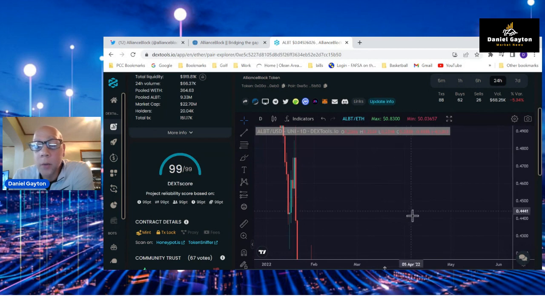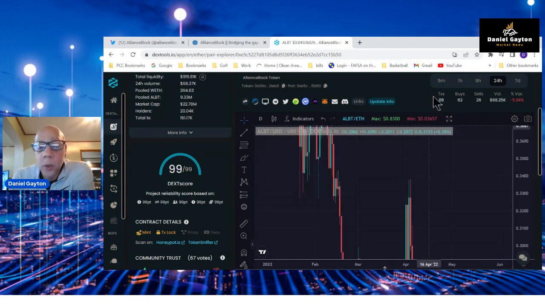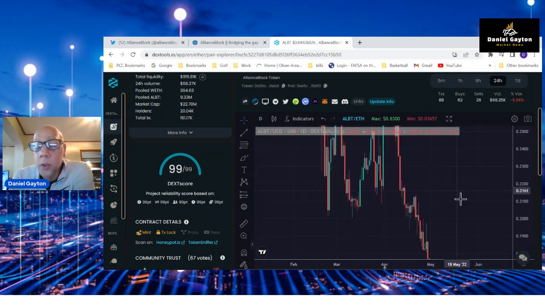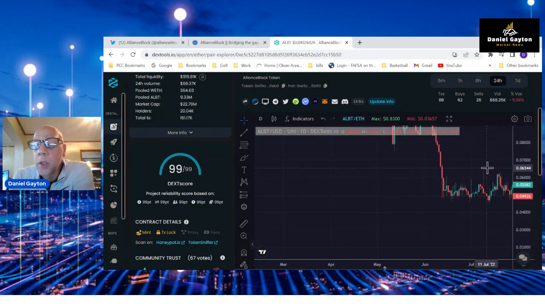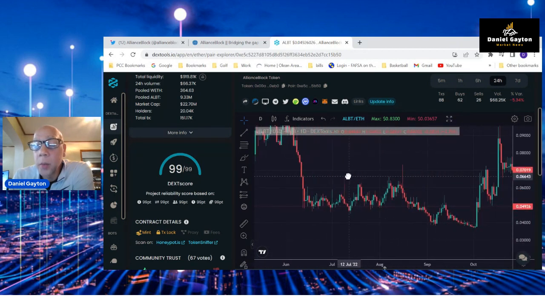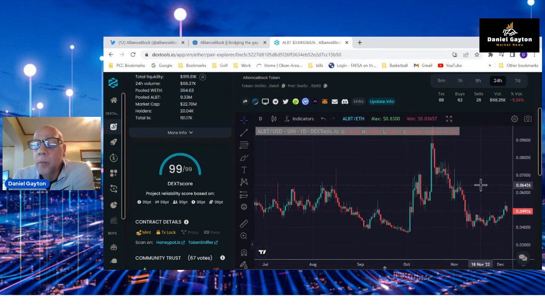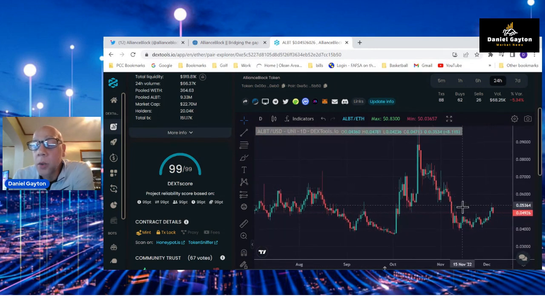I think its all-time high was up in the dollars or so, but this thing has the ability to run with the rest of the ISOs, as you guys can see from that price action there. So it's come down a lot from where it was at, but that's the market today that we're in.